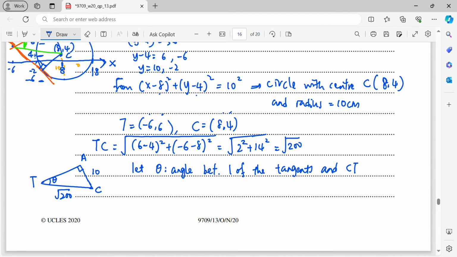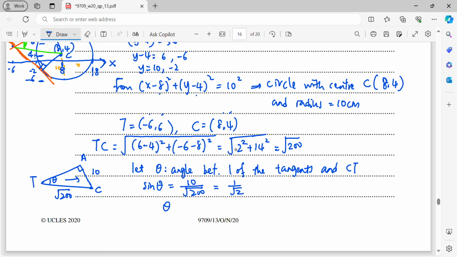Okay, so from this right triangle, I know that 10 is the opposite side, square root 200 is the hypotenuse. So opposite and hypotenuse, that is sine. So sine theta is 10 over square root 200. Therefore, this is the same as 1 over square root 2.